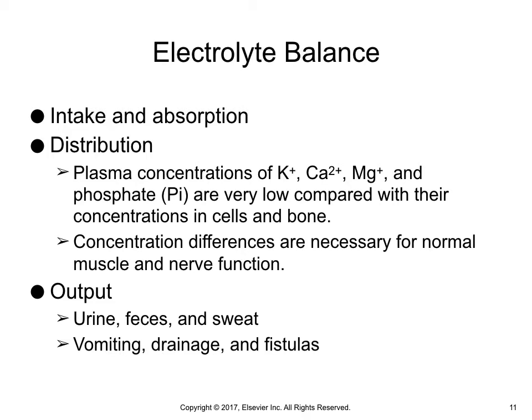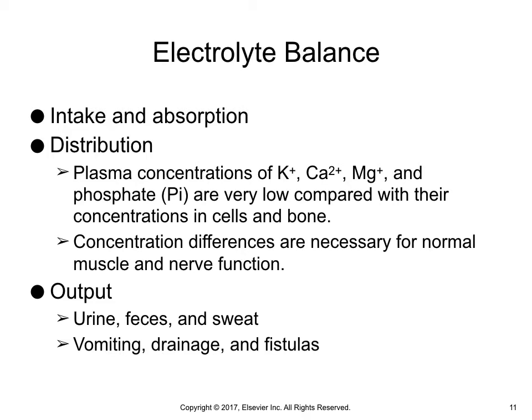Plasma concentrations of potassium, calcium, magnesium, and phosphate are very low compared with their concentrations in cells and bone. Intake comes from foods and beverages. Some substances enhance or hinder electrolyte absorption. Although sodium is an electrolyte, it is not included here because serum sodium imbalances are the osmolality imbalances discussed previously.